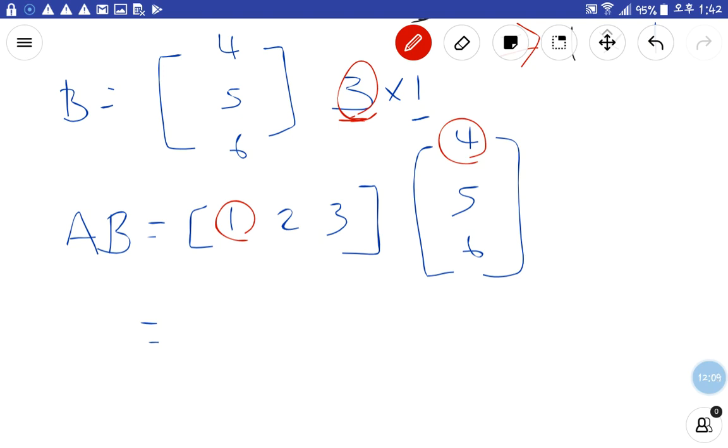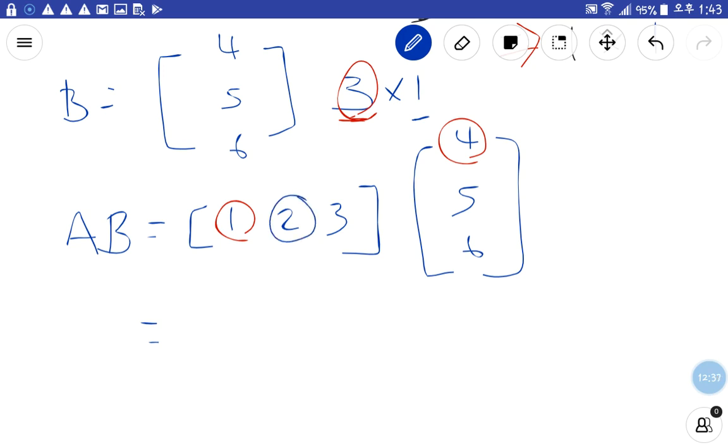That's the meaning of Ai1 times B1j. Ai1 is the first number of the first row, that's 1, and B1j is the first row and first column, that's 4.